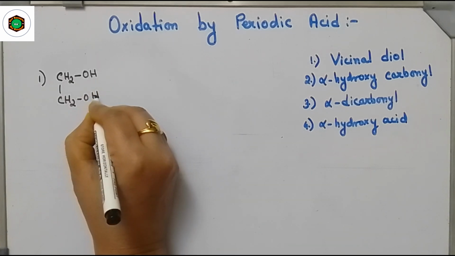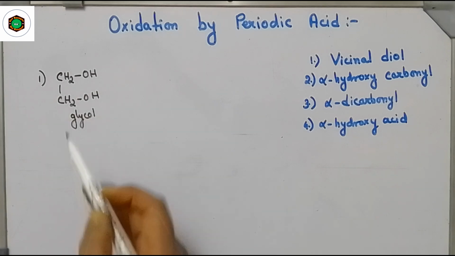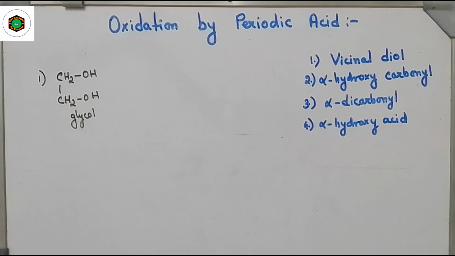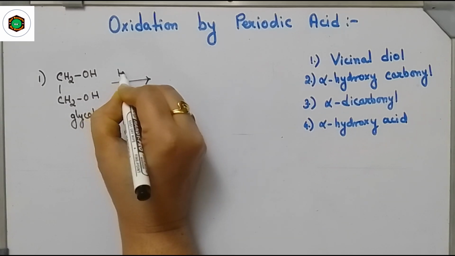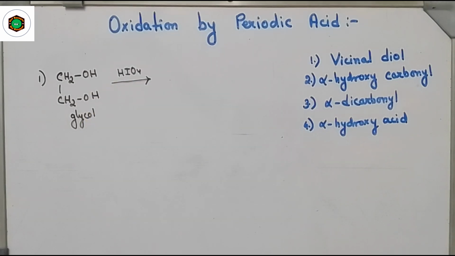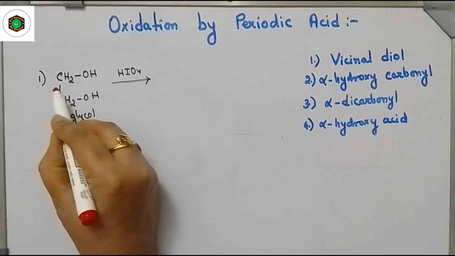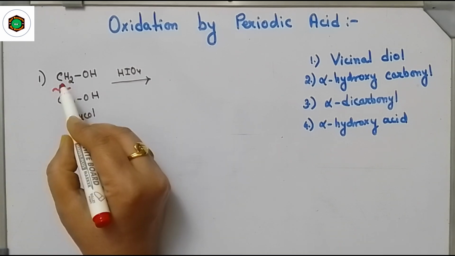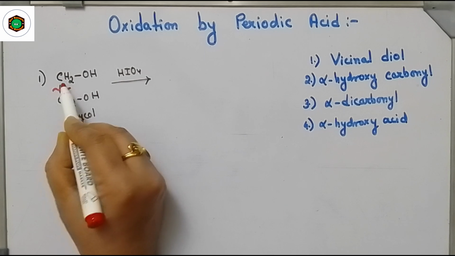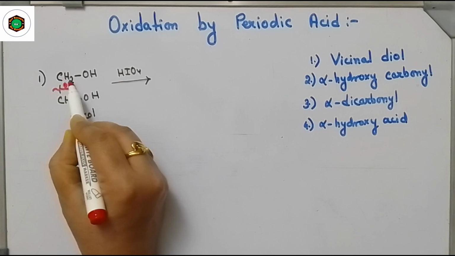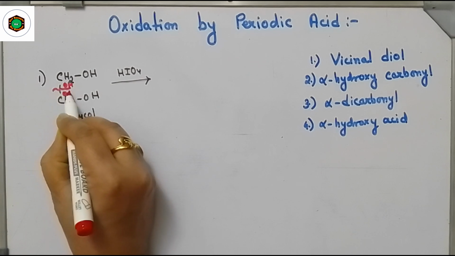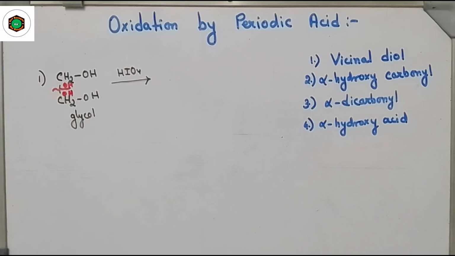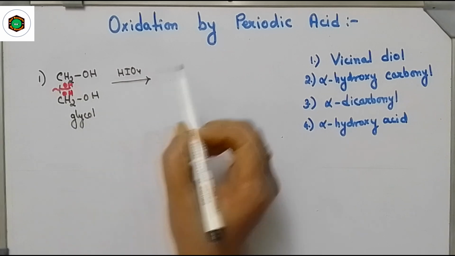Now see, this is glycol. It is having 1,2-diol or vicinal diol. So if you treat it with periodic acid, how will you get the product? What you have to do? Just cleave this carbon-carbon bond and on each side, with the carbon add OH. Here you add OH, here also with this carbon add OH. So what you will get? This bond is now not there.